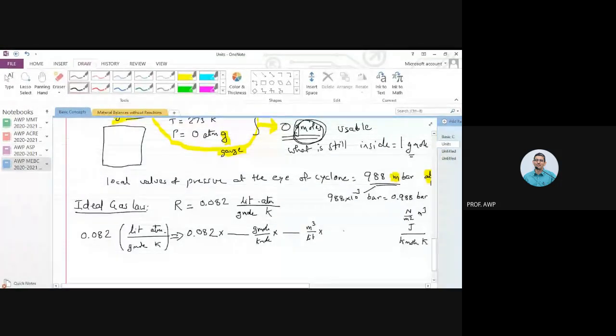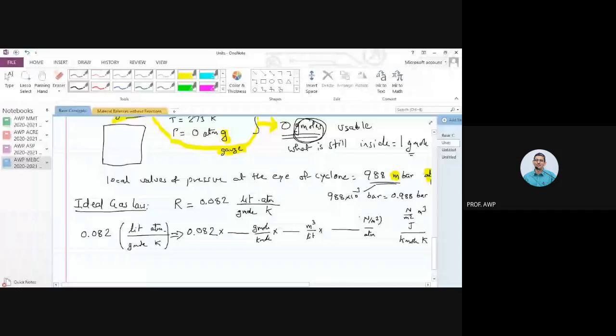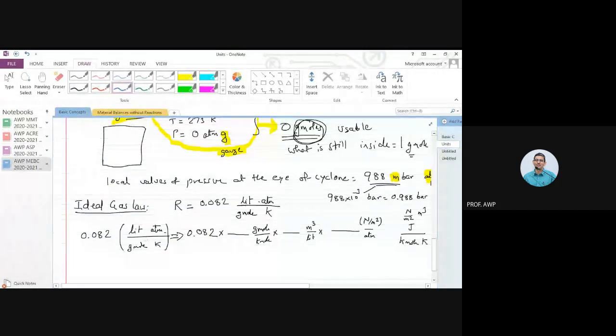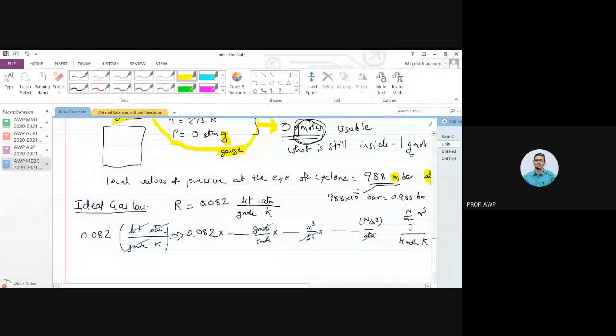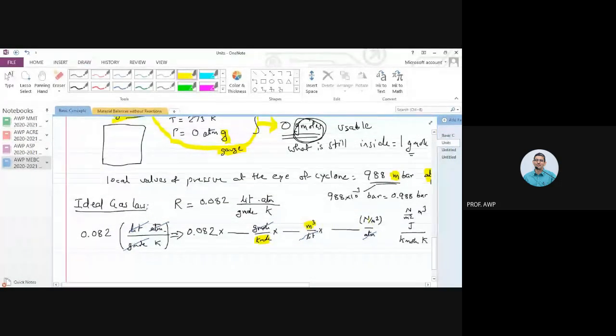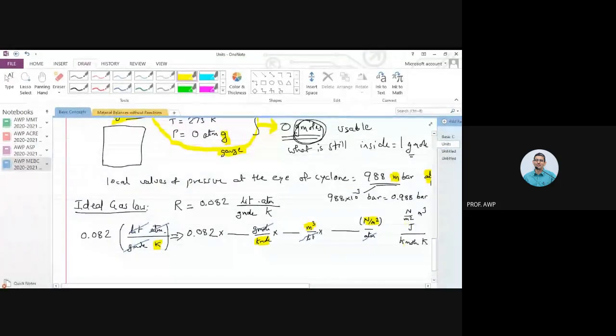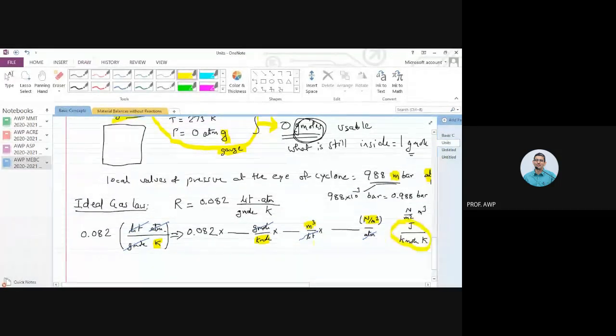I don't want atmosphere, I want Newton per meter square, so I multiply by a quantity with units of Newton per meter square per atmosphere. Then gram mole cancels out, liter cancels out, atmosphere cancels out, and we have only kilomole in the denominator, meter cube in the numerator, Newton per meter square, and of course the Kelvin that remains. That's the unit that we want, joules per kilomole Kelvin.